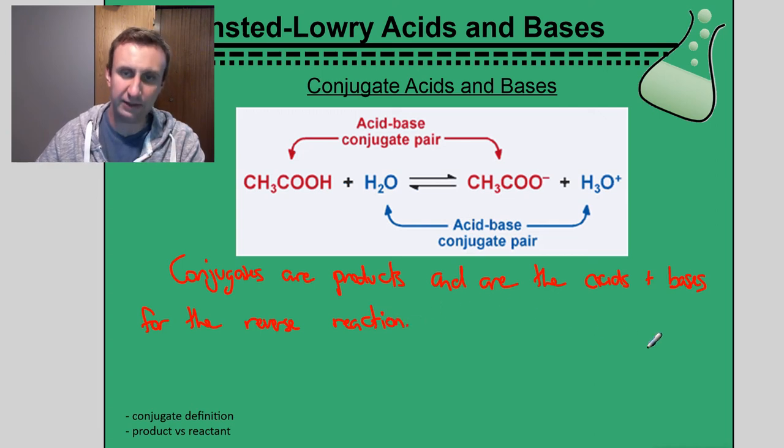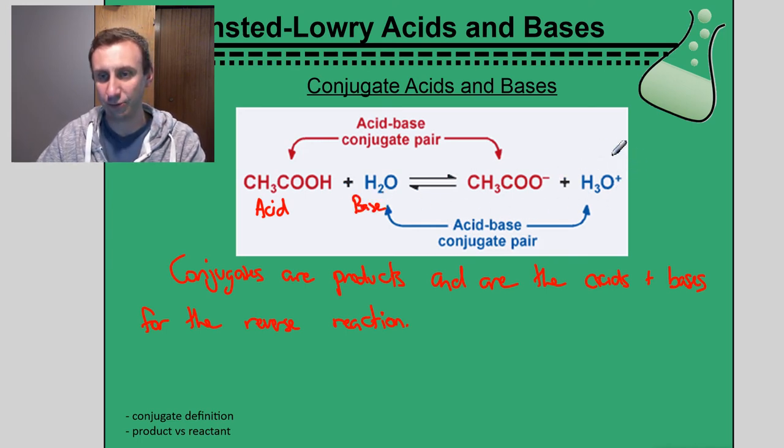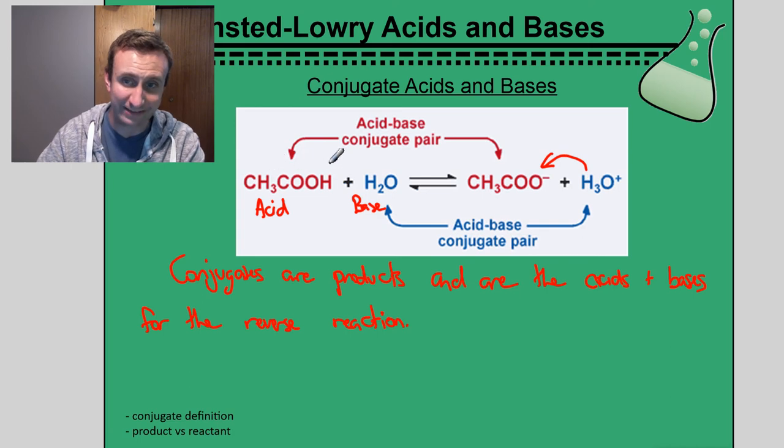So let's take a look at the example above, because I think that's good to look at. If I take a look at CH3COOH and H2O, this right here is the acid because it gives an H to H2O, which is my base. Okay, but if I look at the reverse reaction, here I have hydronium, an acetate ion, and here the hydrogen is being given to the acetate ion to make the reactants I have.